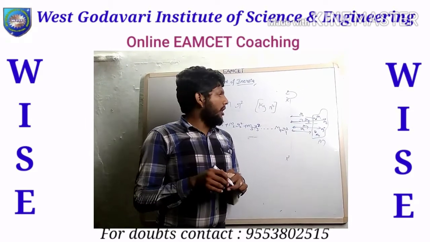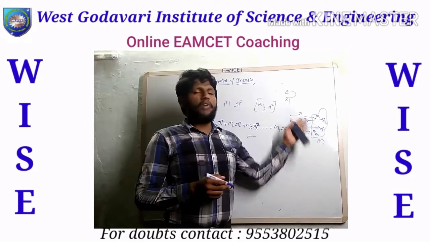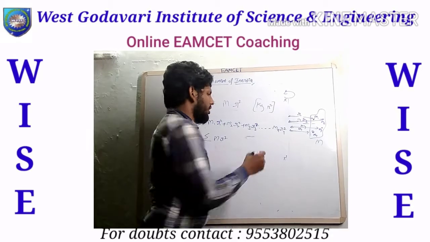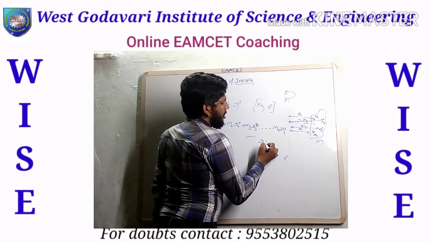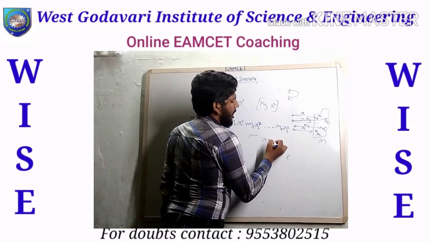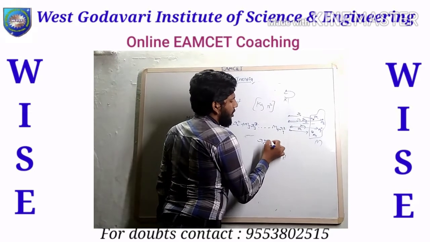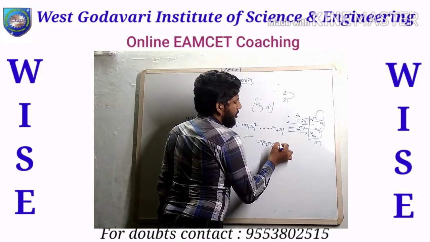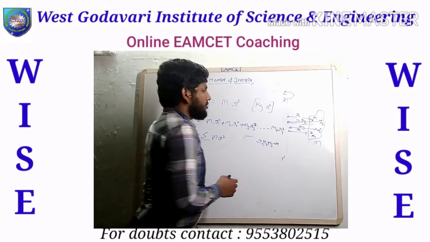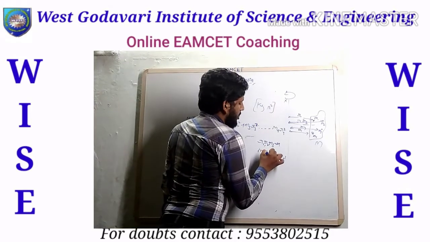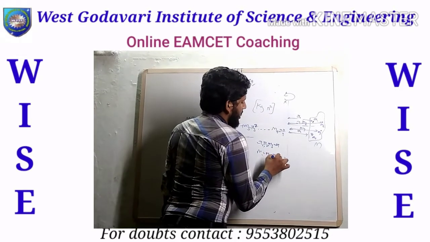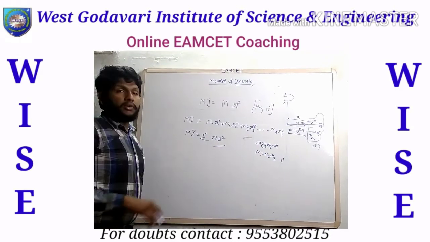That means r1, r2, r3 and so on are all equal to r, and m1 equals m2 equals m3, like that. Then this is the equation.